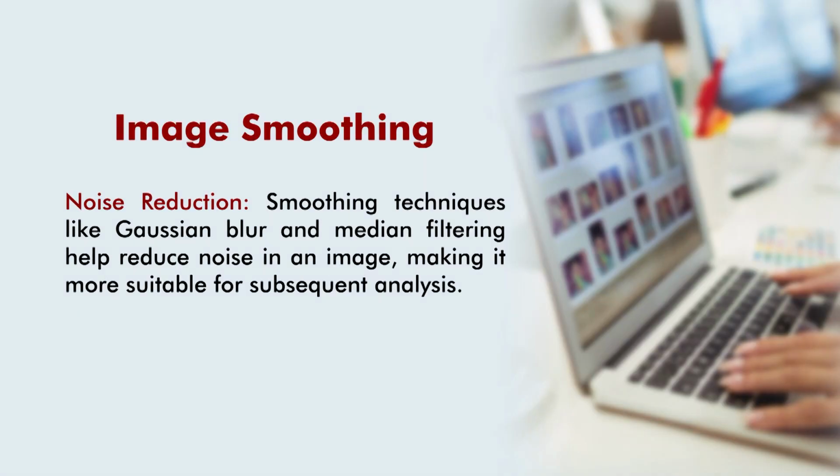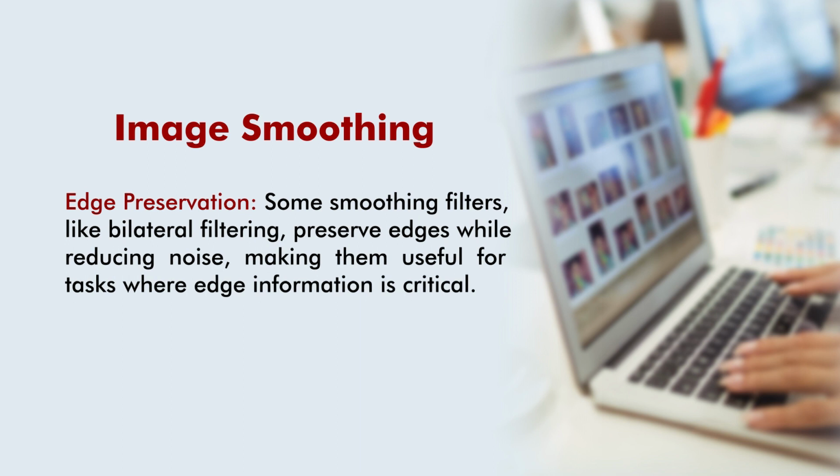Smoothing techniques like Gaussian blur and median filter help to reduce noise in an image, making it more suitable for subsequent analysis. The second one is edge preservation. Some smoothing filters like bilateral filtering preserve edges while reducing noise, making them useful for tasks where edge information is critical.